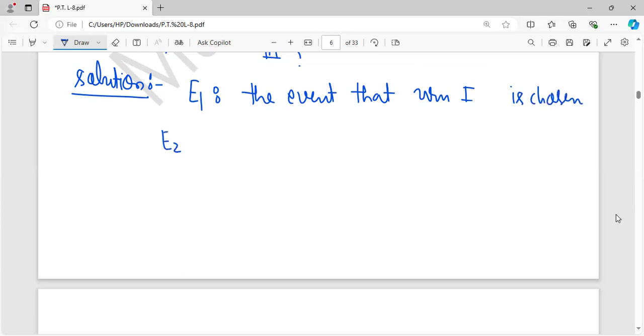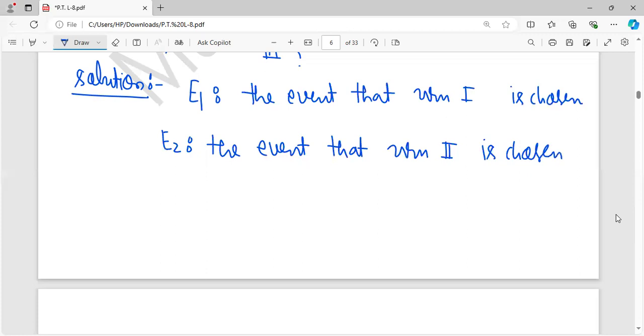E2 is the event that urn second is chosen. E3 is the event that urn third is chosen.